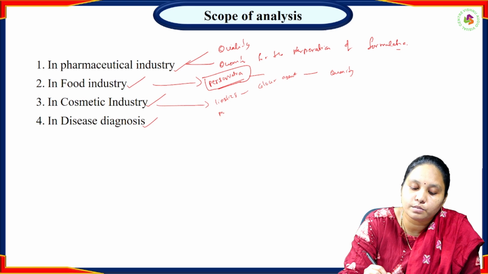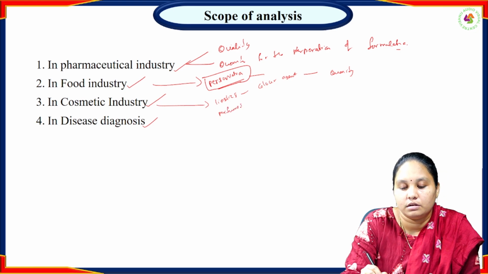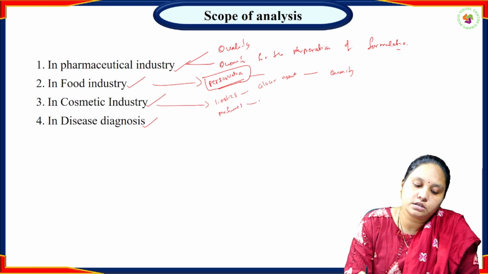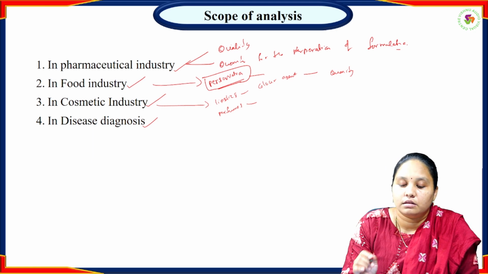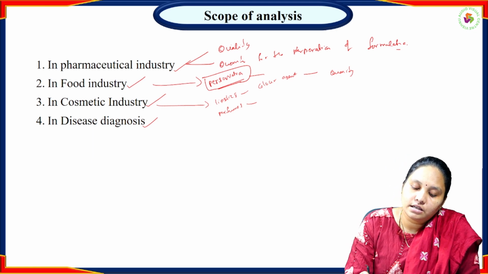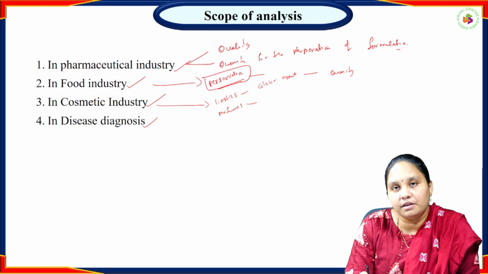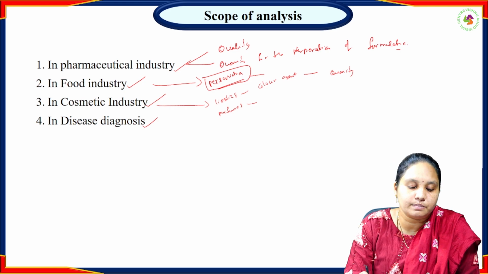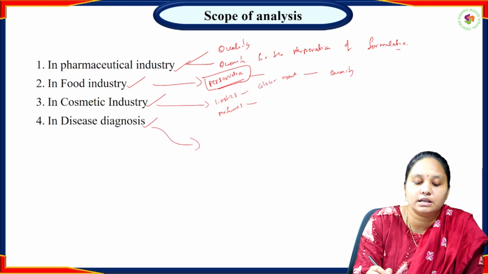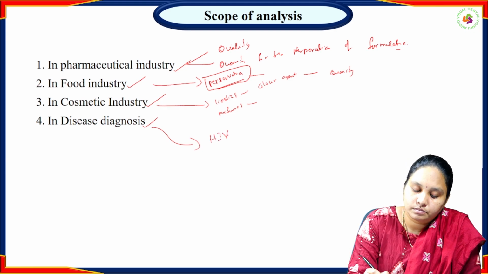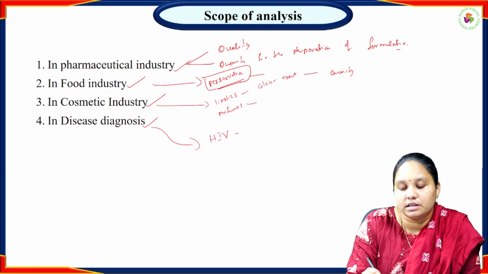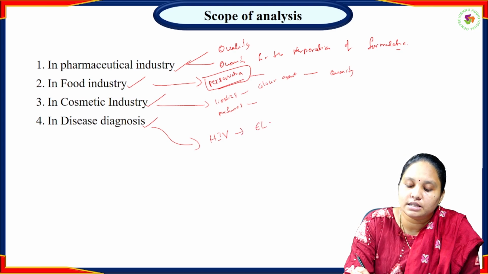And perfumes. Adding of perfumes to this cosmetic product, the quantity and the quality of this perfume we can identify and check by this analysis subject. In disease diagnosis cases, HIV, the human immunodeficiency virus, is identified by the ELISA technique.